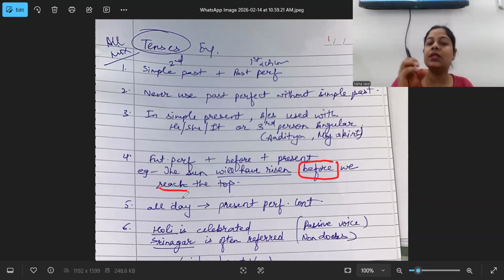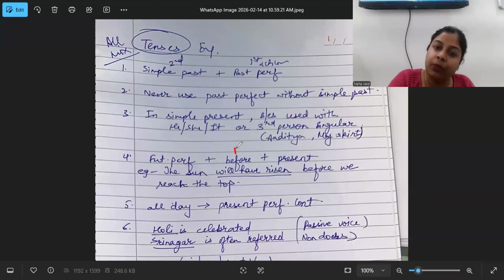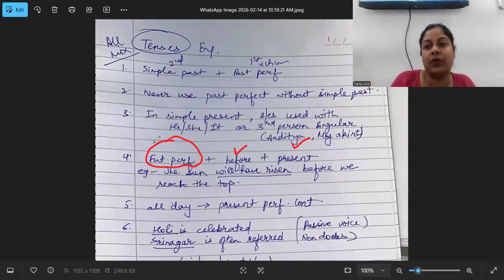So here we are using the concept that before plus present is your future perfect. Okay? Future perfect. So that is will have risen. Next, I hope this is clear to everyone. I'm again repeating this concept that whenever you are given before plus present, always pay attention to future perfect.